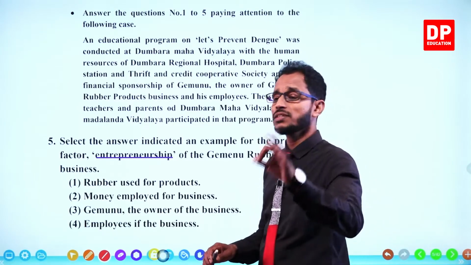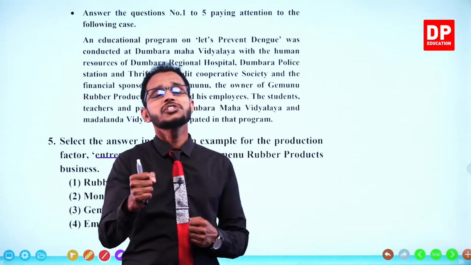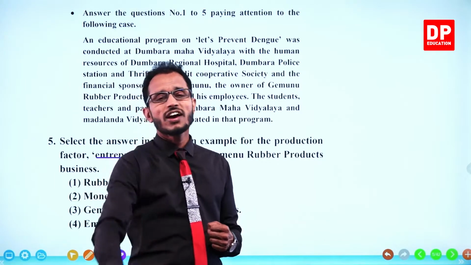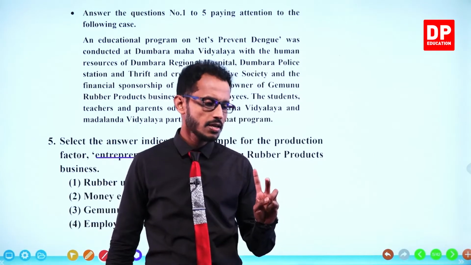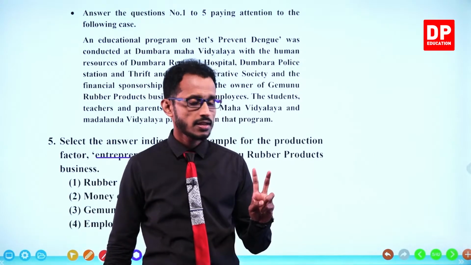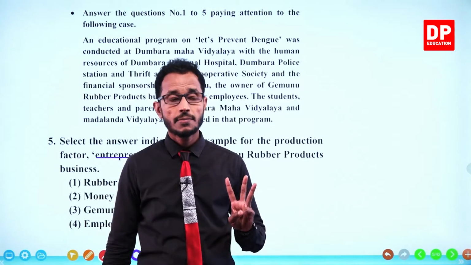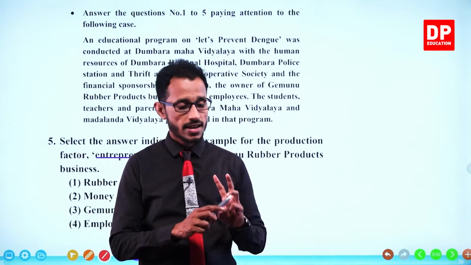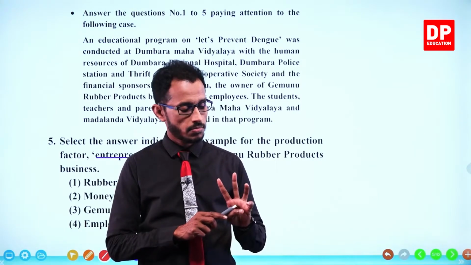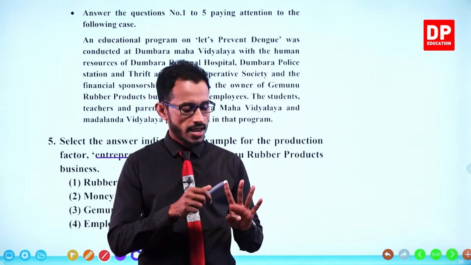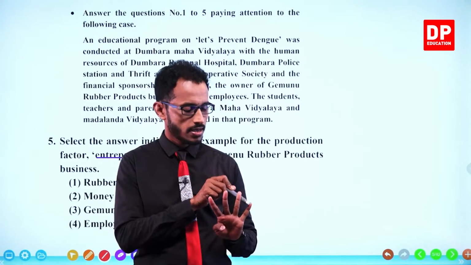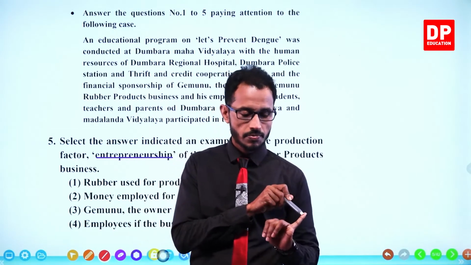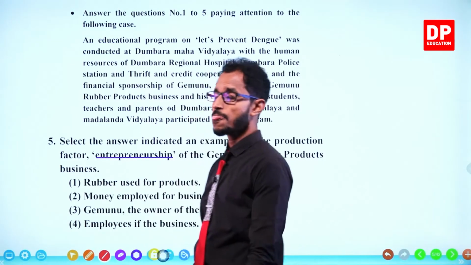The most important factor of production out of the 4 factors. What are the 4 factors? Land, labor, capital, and enterprise. Land, labor, capital, and entrepreneurship. This one is the most important.